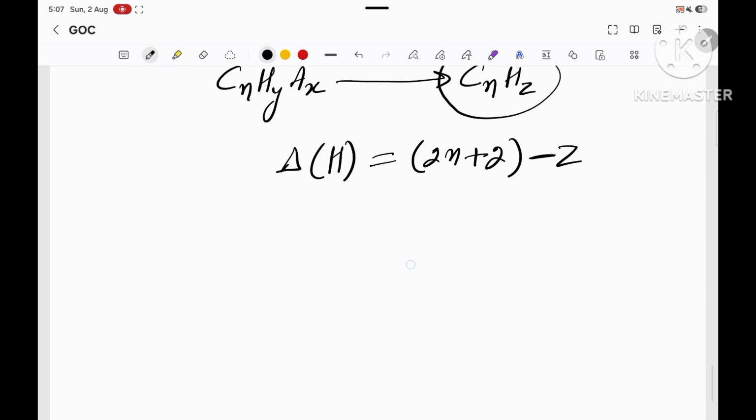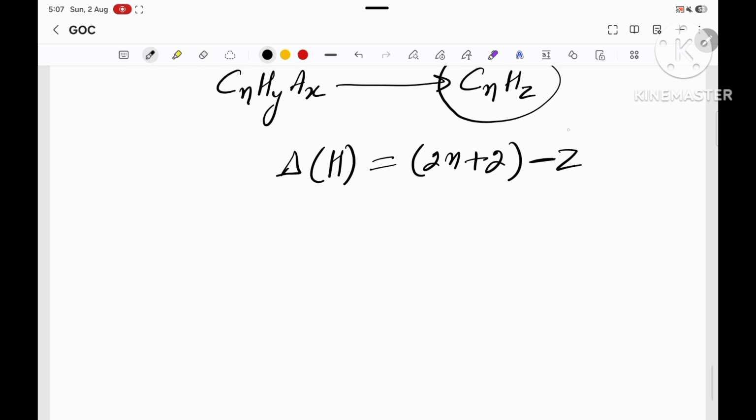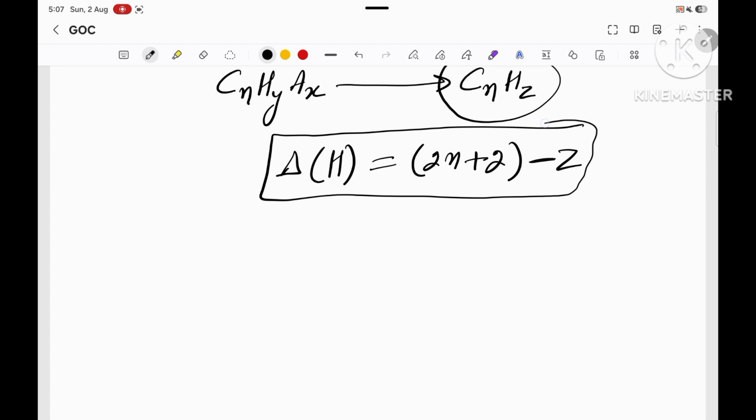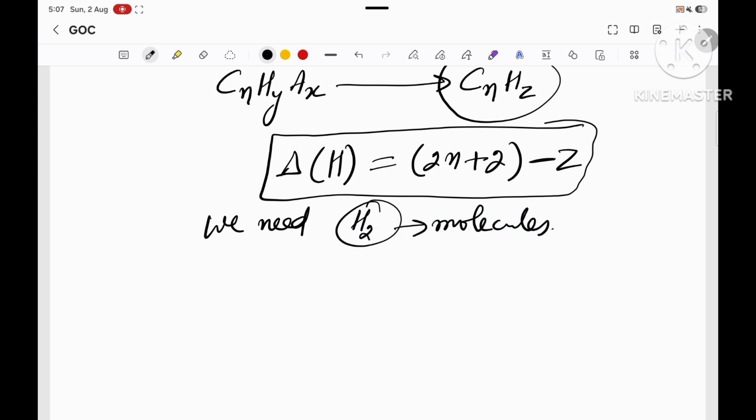Now we will calculate du. These are the number of hydrogen atoms, but we need hydrogen H2, that is molecules.